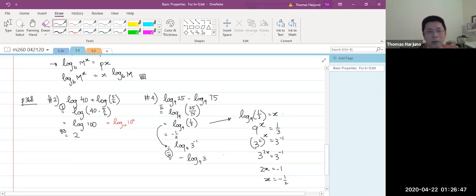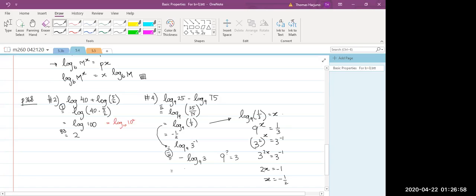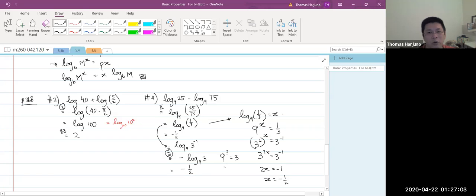Now, 9 to what power equals 3? Almost right, 1/2. 9 to the 1/2, the square root of 9, is 3. You see what I mean?